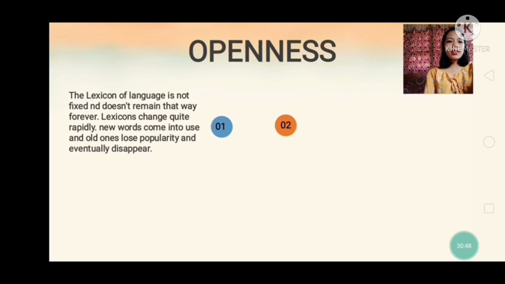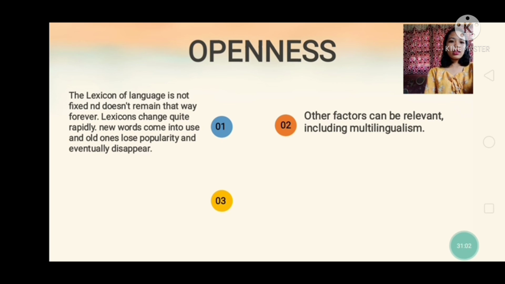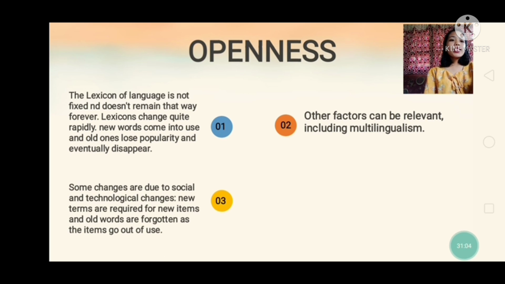Now, another is number 2. Other factors can be relevant, including multilingualism. Number 3. Some changes are due to social and technological changes.